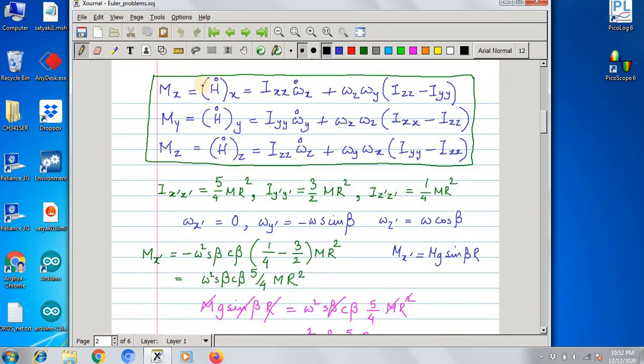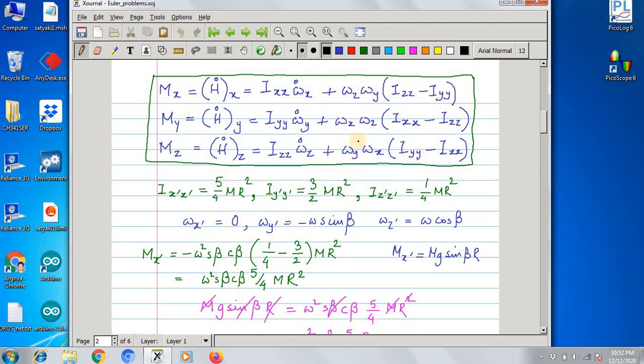So this is the Euler's equation. Here all x's should be replaced by x dashed, y's by y dashed, and z's by z dashed. So here our inertias, and all this omega x dot, omega y dot, omega z dot, they are zeros. So the first terms in all three equations are zeros, and here omega x dashed is 0.